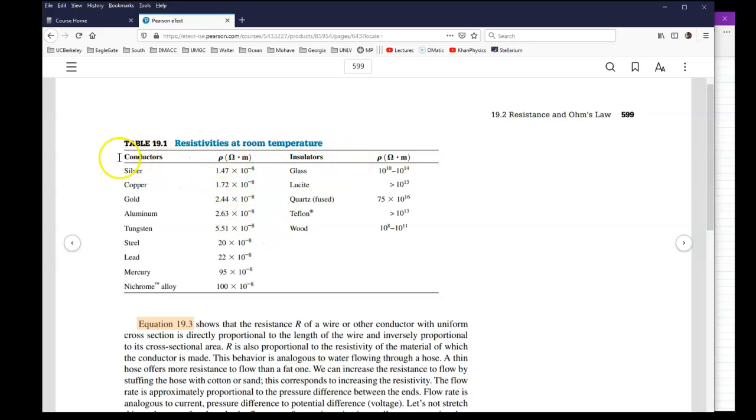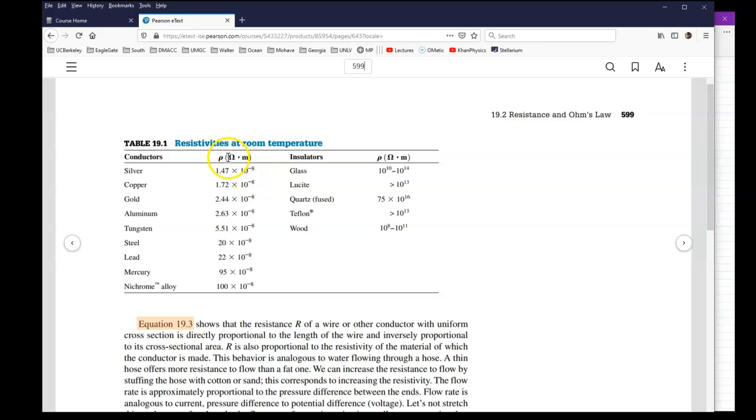So, for example, here you have conductors and insulators. And of course, insulator means very good resistors or bad conductors. And of course, conductors are not very good resistors, but they are good conductors. So, here is the resistivity. As you can see, the resistivity coefficient here is really tiny. Look at that. For example, for silver, 1.47 times 10 to the negative 8.